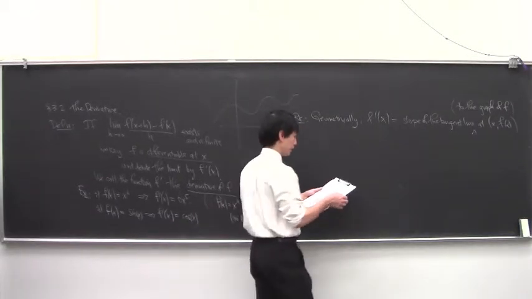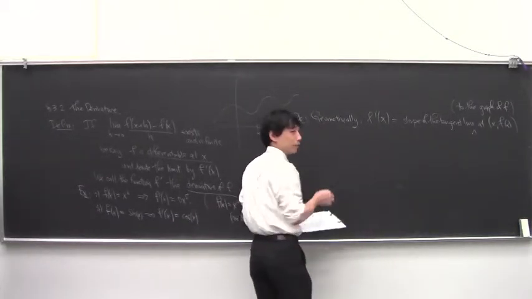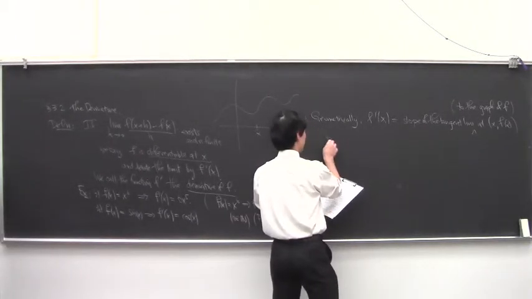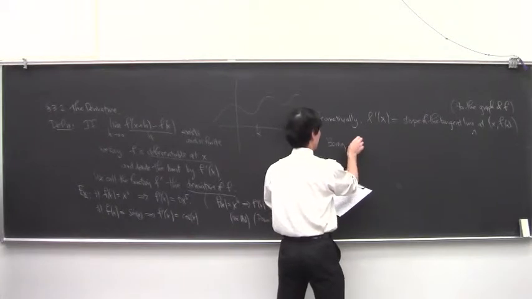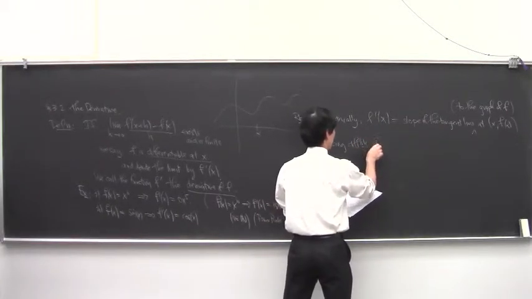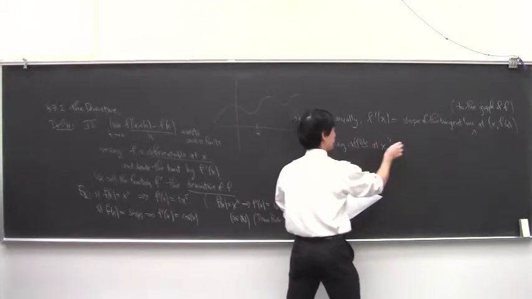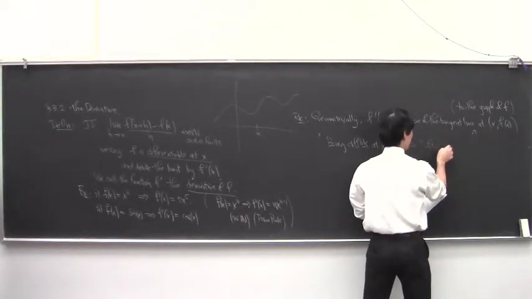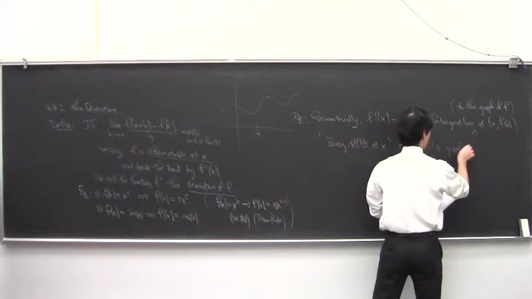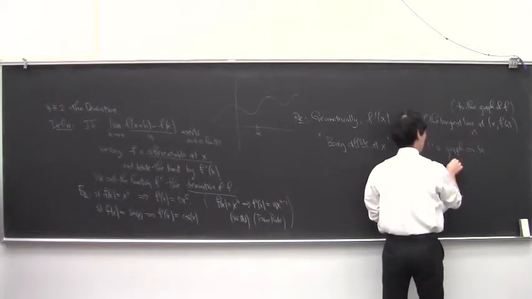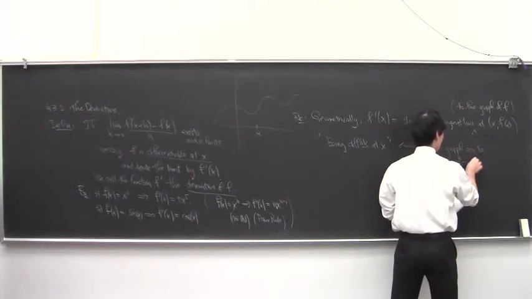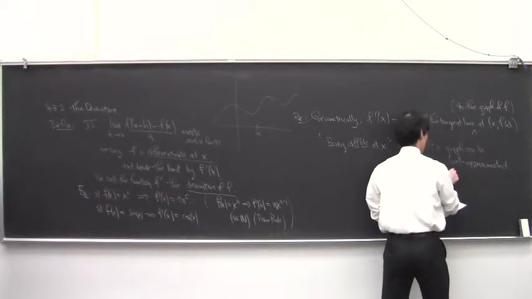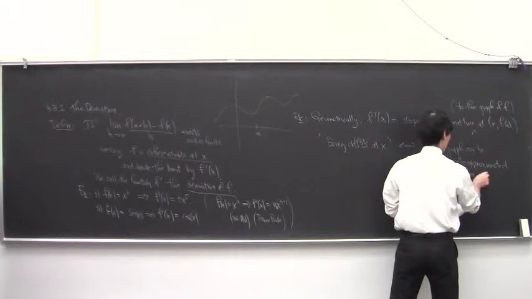In some sense, the way you want to think about being differentiable is this. Being differentiable at x is basically the same thing as saying that f's graph can be somehow well approximated by a line.